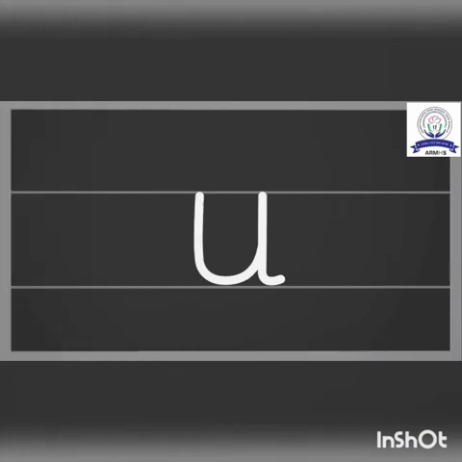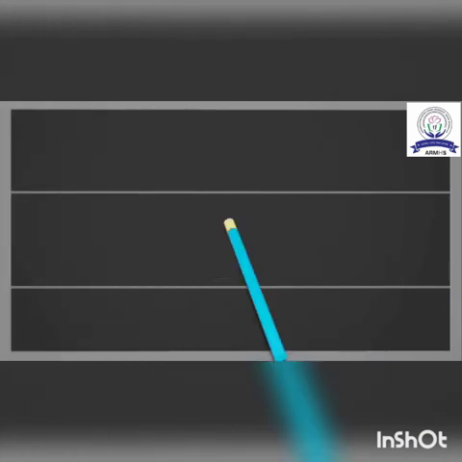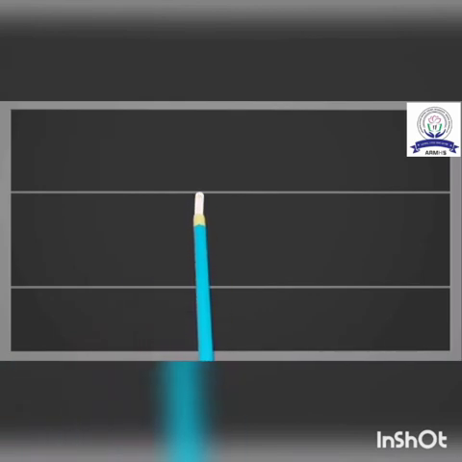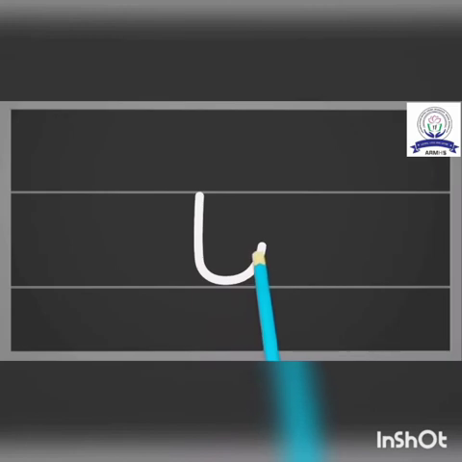Next letter small u. Start from the middle and draw a standing line till the bottom, and draw a curve and another straight line to the bottom, and make a small curl. Small u.